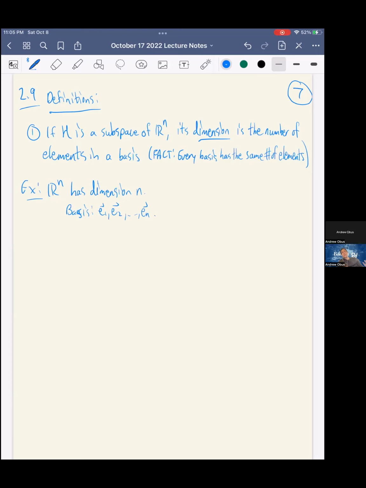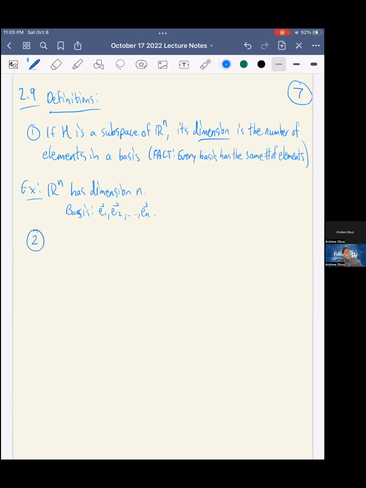If we're going to define the word dimension to mean something, it had better tell us that the plane has dimension 2 and that space has dimension 3, right? Otherwise, it's kind of a silly way to define the word dimension. But it turns out that this is the right definition of dimension. Okay, so if you have a subspace, what does its dimension mean? It means you count the number of elements in a basis. And that's what the dimension is.